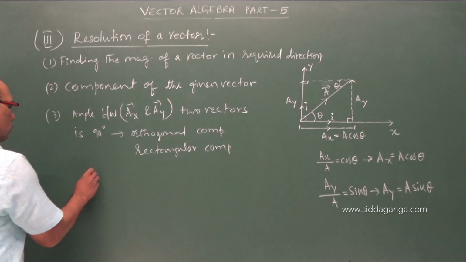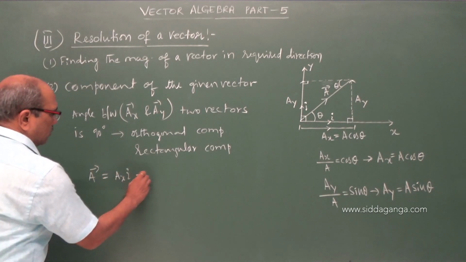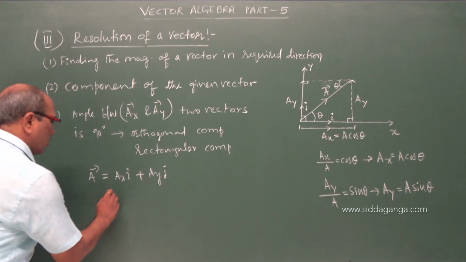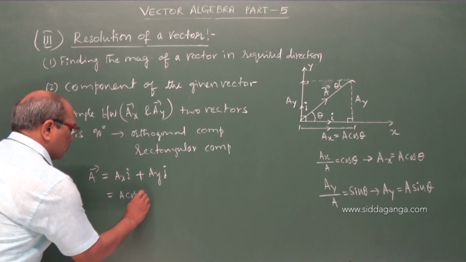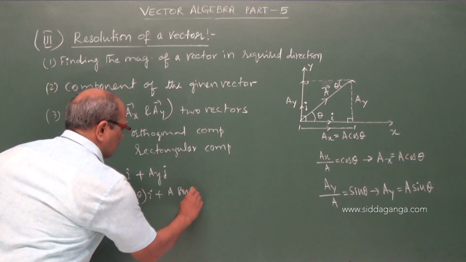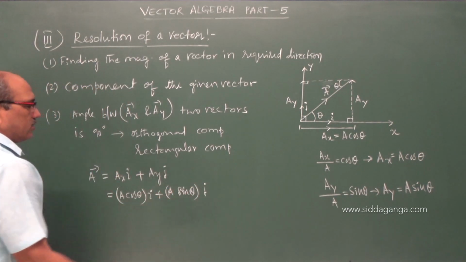For this, the vector A can be written as AX i plus AY j, or A cos theta i plus A sin theta j. Either way we can write this.